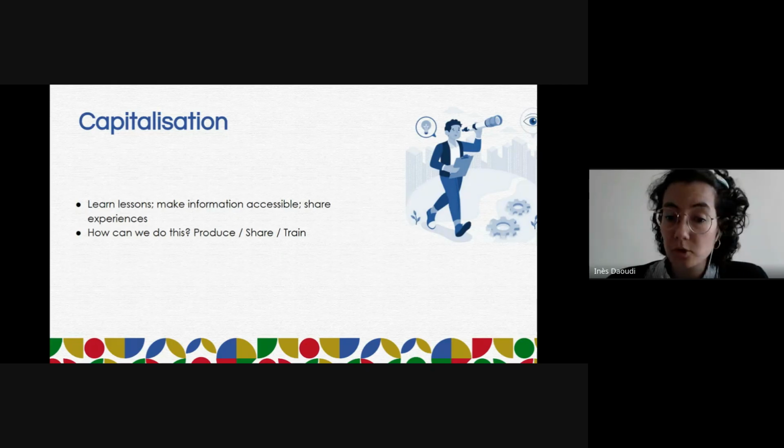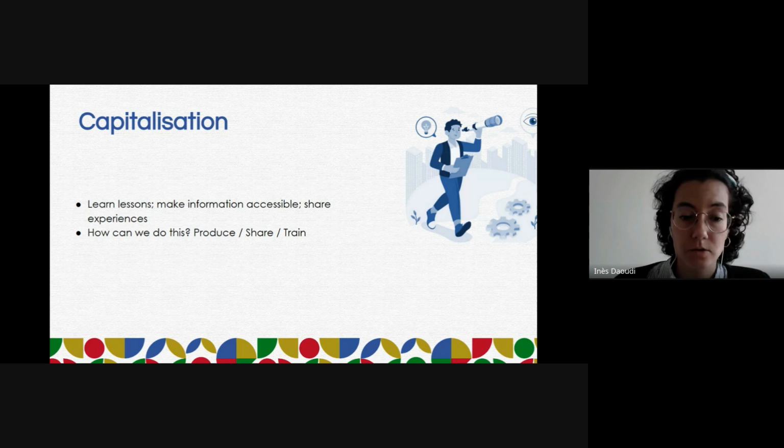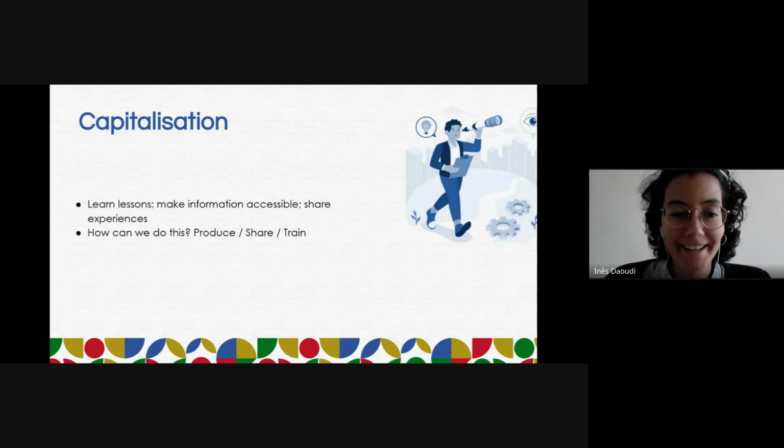It may include monitoring forms, activity reports, meeting minutes, interviews, all along the project. And all of this has to be analyzed very rigorously in order to identify trends and patterns and key success or failure factors.